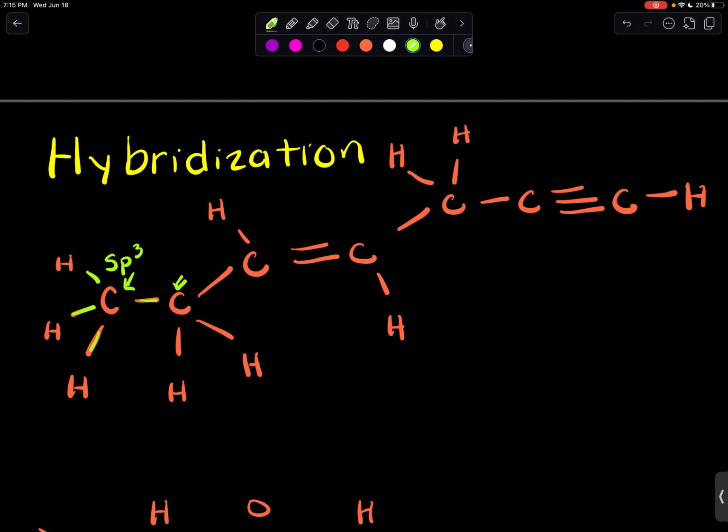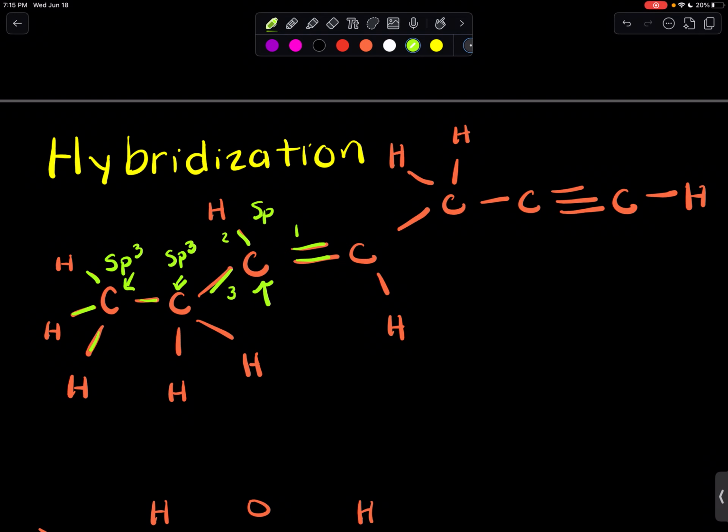However, I want you to notice the carbon next to it, so this carbon. Now it has a double bond next to another carbon, a single bond and another single bond. The double bond, we said, would count as 1. So this is 1, 2, 3. We knock it down 1.